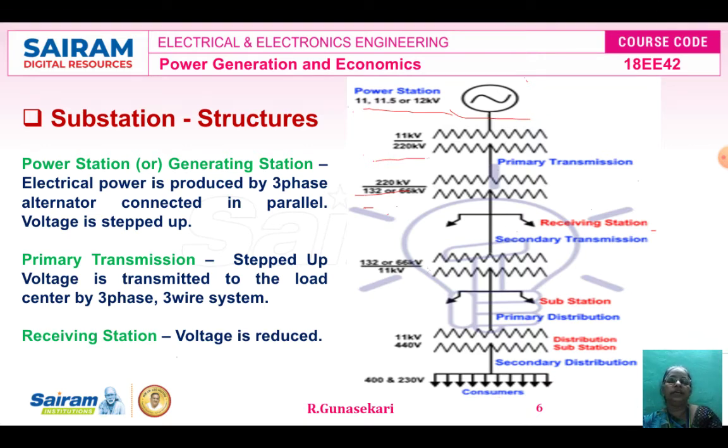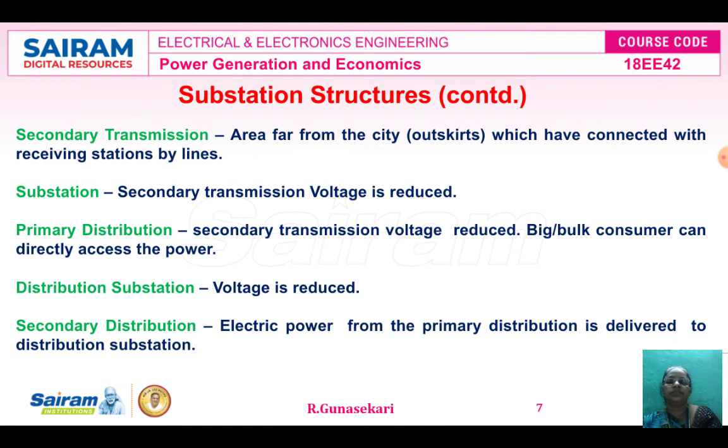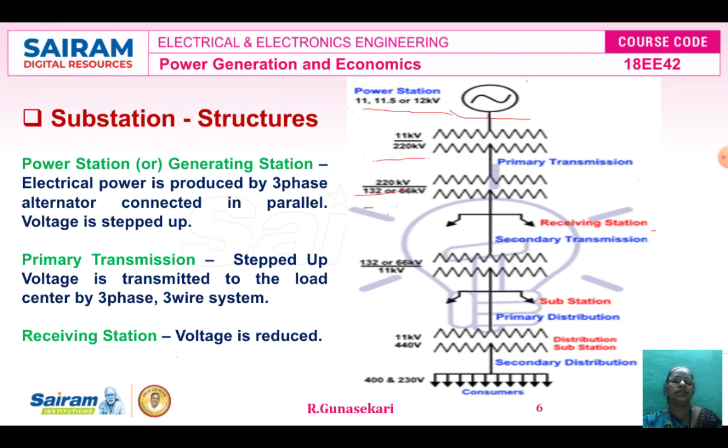The next one is the secondary transmission. In the secondary transmission, what does that mean? The area far away from the city is connected with the receiving station by lines. Now you see the structure of the power system. This is the receiving station.